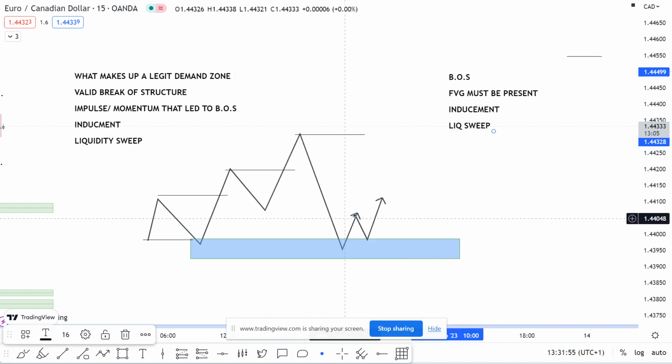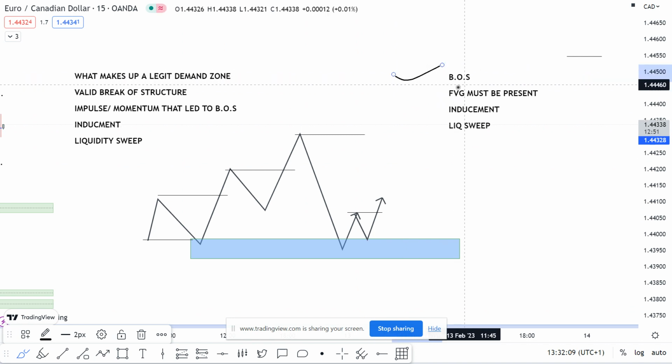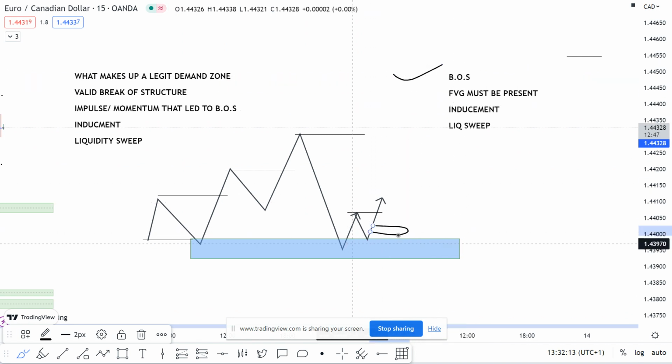So now we have price tapping into the demand zone. We have break of structure ticked, so let's just mark this ticked. Now FVG must be present at this point. Once FVG is filled, inducement, this is the inducement. And of course, liquidity sweep.